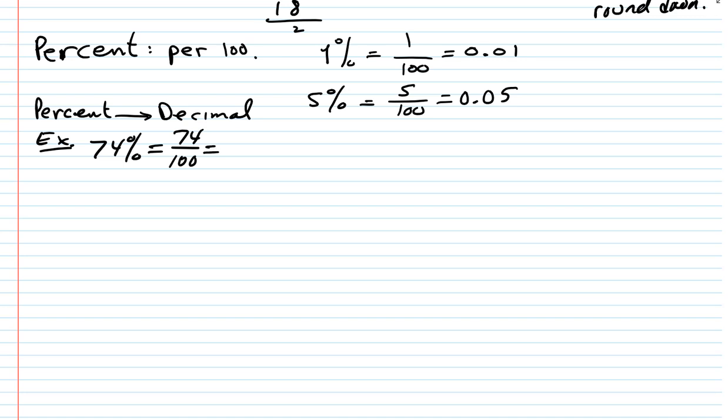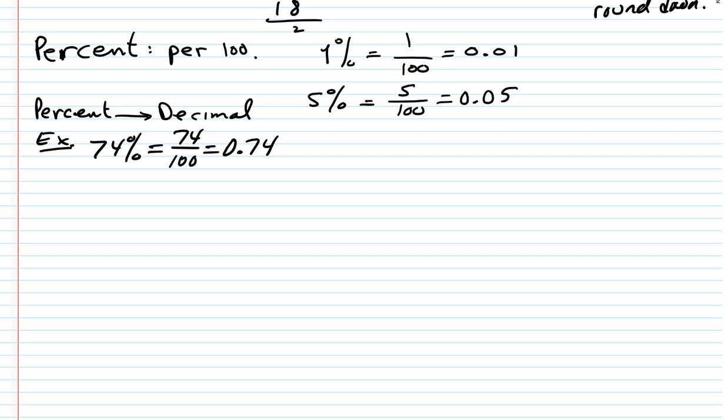This is 74/100ths. So the answer is 0.74. So first you convert to a fraction, then you convert to a decimal. All right, and that's what that is. So to convert from a percent to a decimal, we can do it this way using fractions.